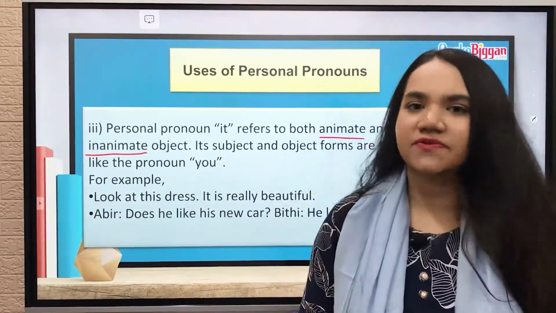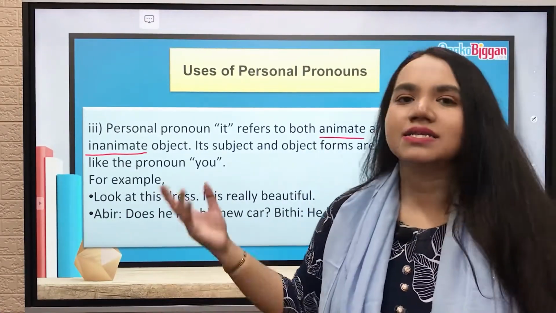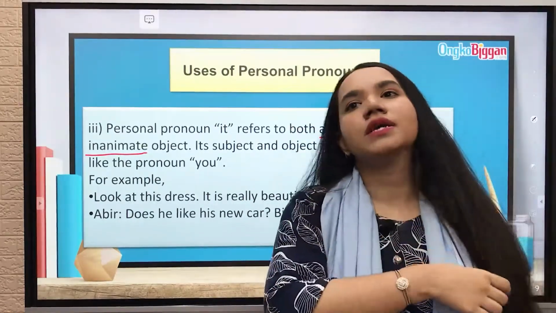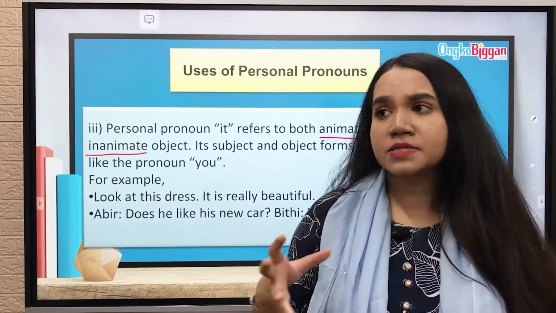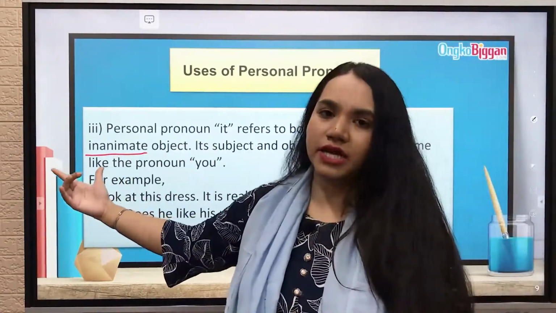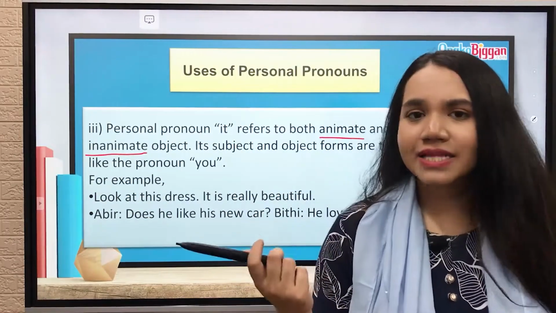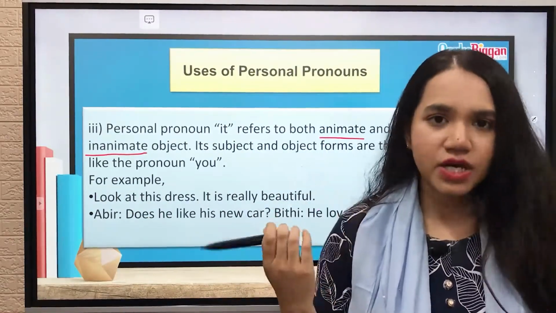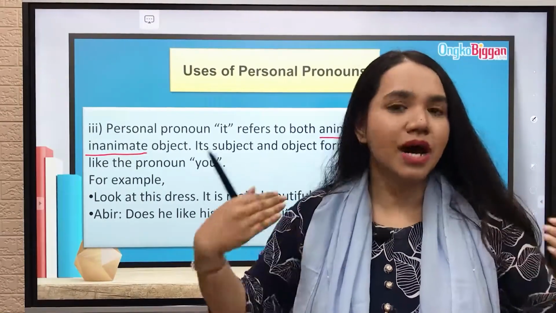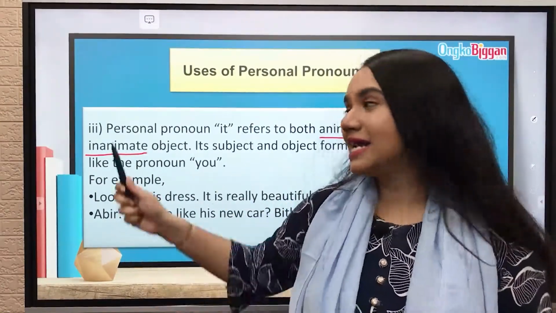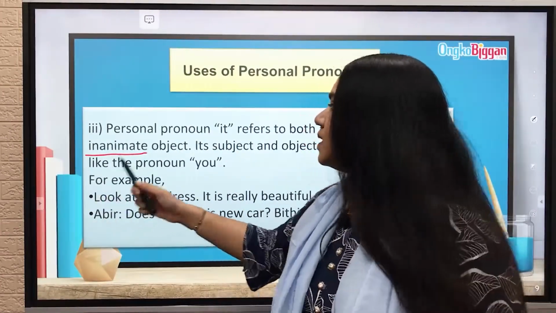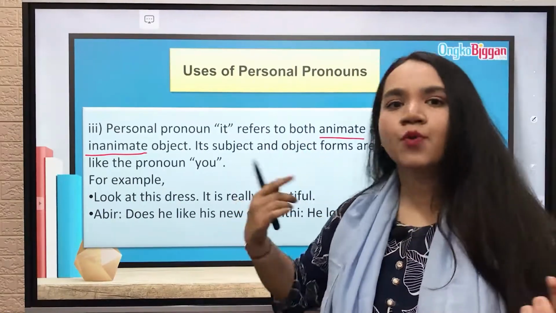A person definitely is a living thing, a tree is a living thing, a cat or a dog, or whichever thing that you consider to be a specific gender, is a living thing. And then an inanimate object is something that has no life, like this pen, which does not have any gender. This board does not have any gender. But of course, this teacher right here has a gender. So I currently am an animate object, while this pen is an inanimate object. Okay? So the personal pronoun it can refer to both.